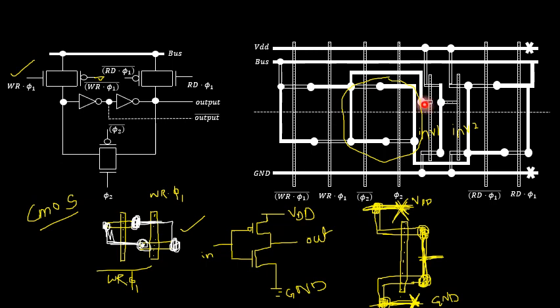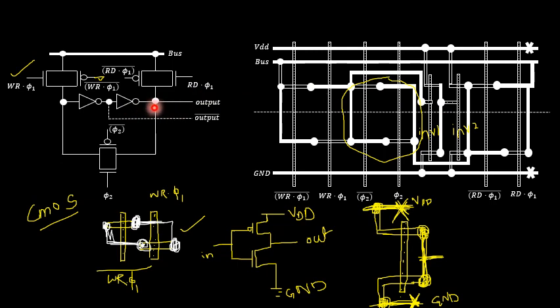So extend the polysilicon a bit and connect it as an input for the inverter 1. So that is done. The output of inverter 1 should be connected to the input of inverter 2. So this is inverter 2, this is the input of inverter 2, and this one is the output of inverter 2. Just connect them together. Since this is a polysilicon, this is a metal layer, use a contact cut. So inverter 2 is done.